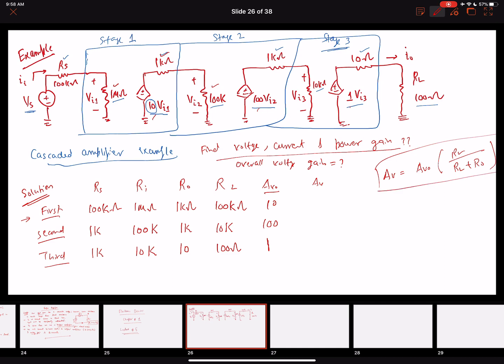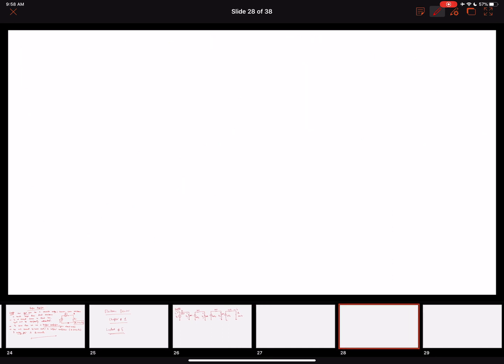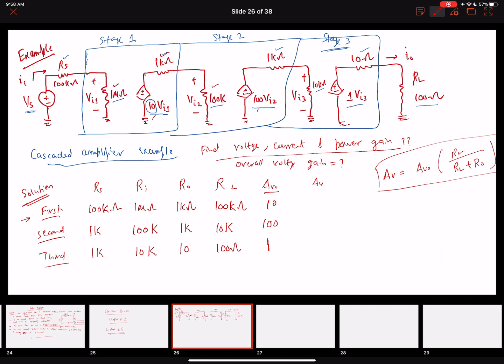When we put down these values for the first stage, to calculate AV1, AV1 equals AV naught, 10, multiplied by RL, 100K, over RL plus R naught, 101K.